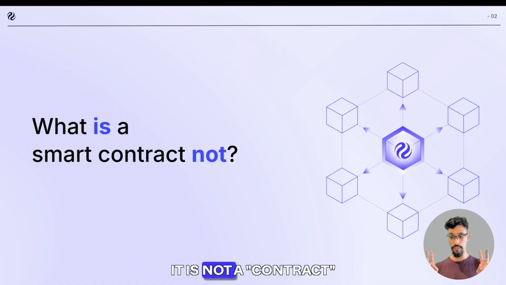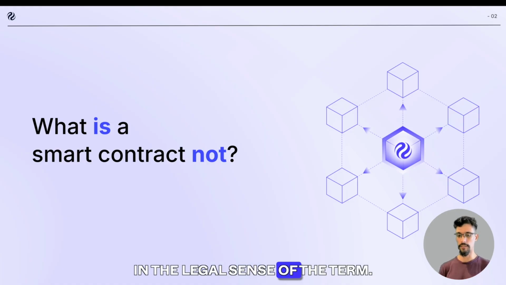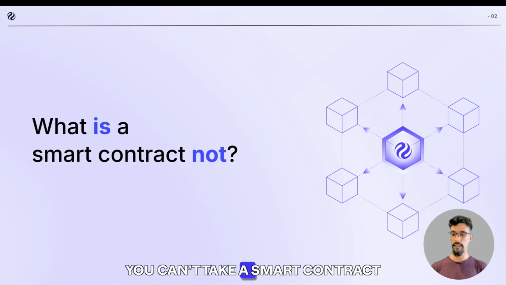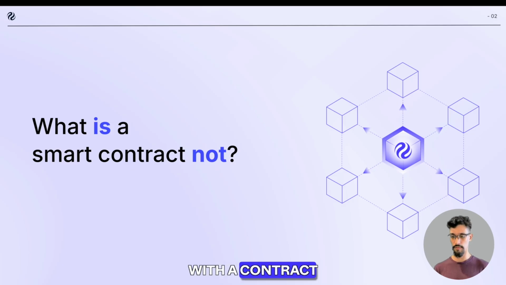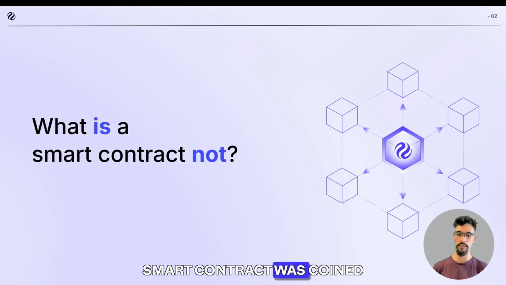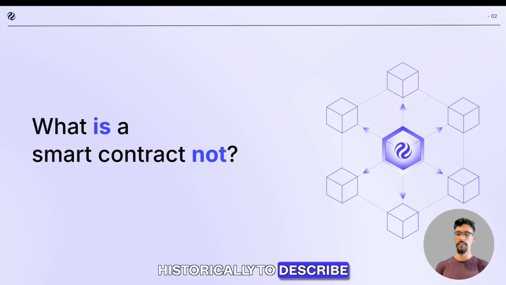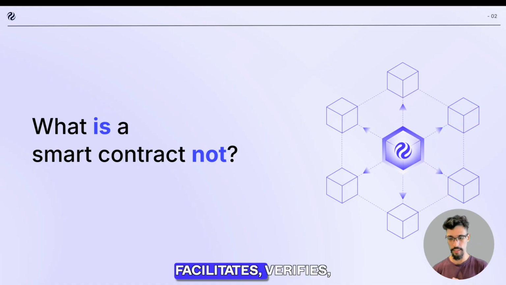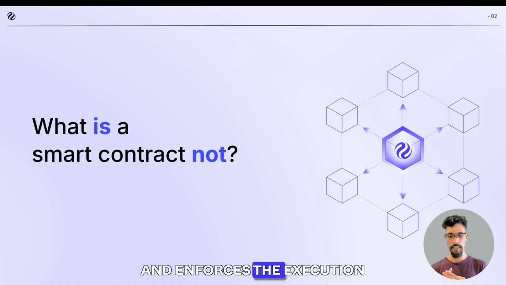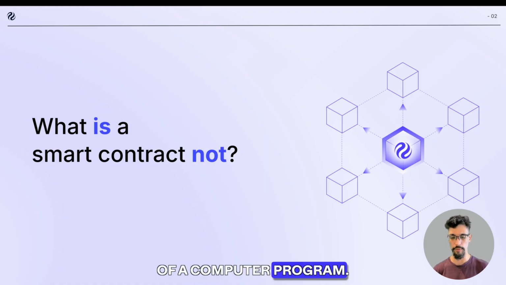And secondly, it is not a contract in the legal sense of the term. You can't take a smart contract to a court of law in the same way that you would with a contract that's been written by lawyers. Now, the term smart contract was coined historically to describe the idea of a protocol that facilitates, verifies, and enforces the execution of a computer program.